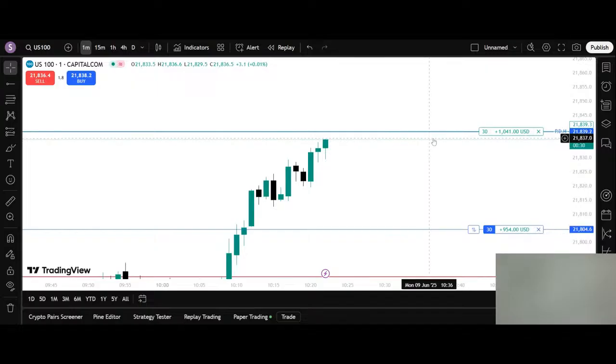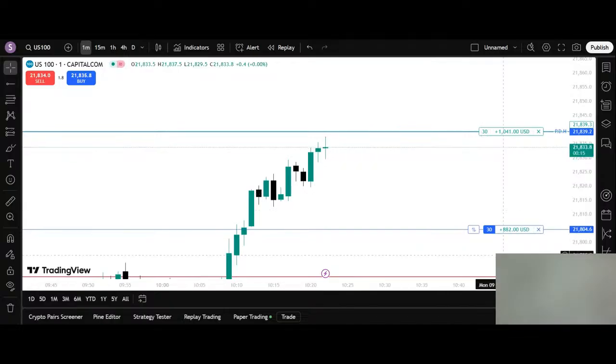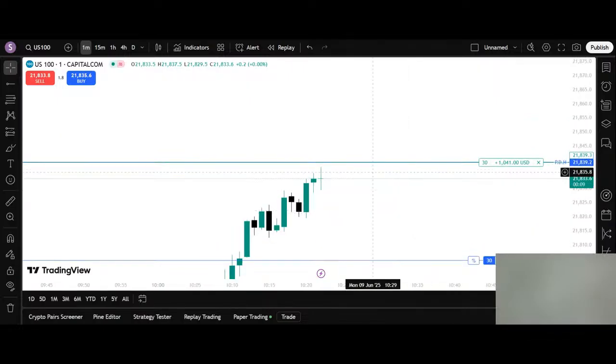It's about to hit our TP. Said if it hits our TP before 10:30, that would be great. Just 4 ticks left, 40 ticks in.